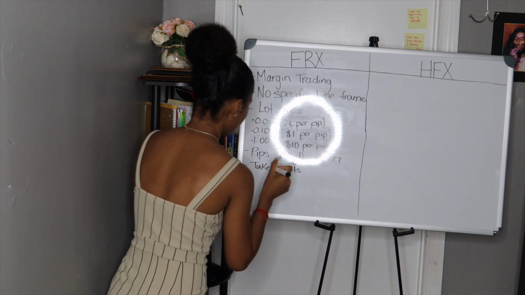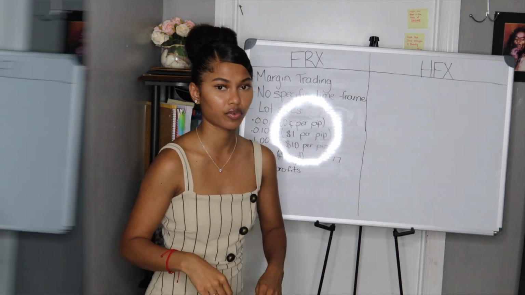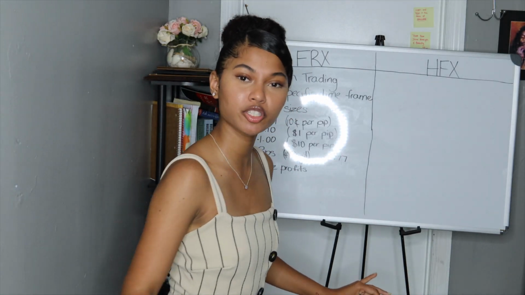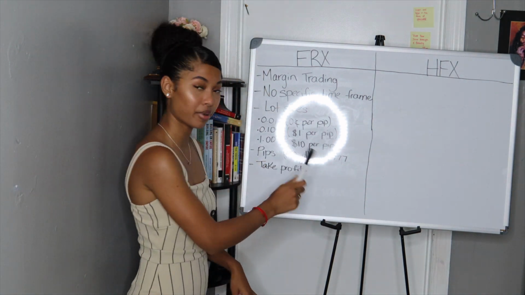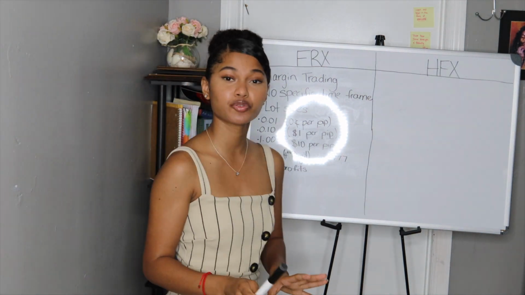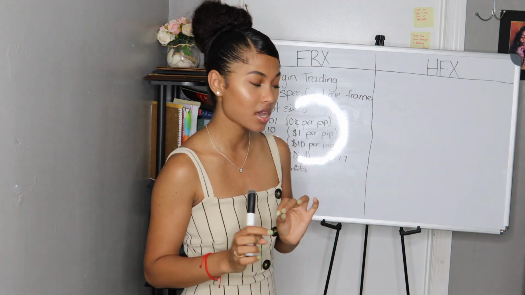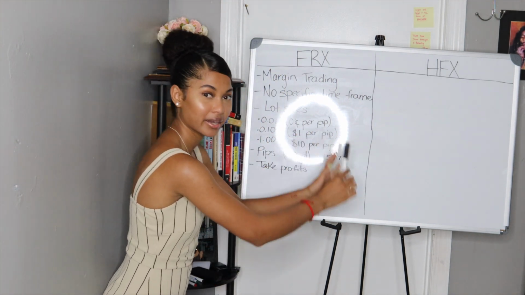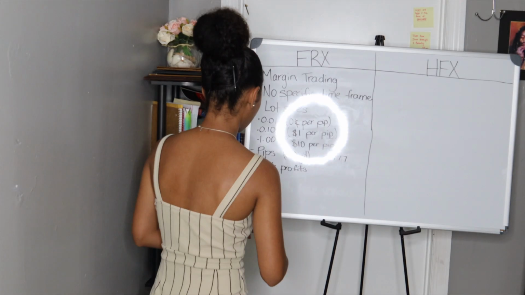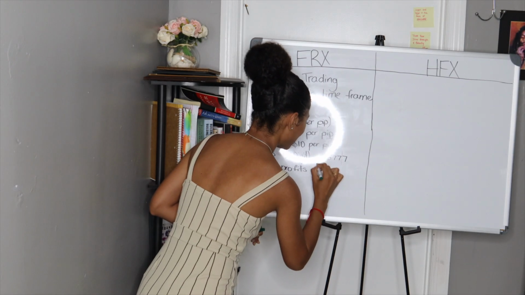Take profits. You don't really have to stress yourself over this. Oh, rude. My camera just stopped. But like I was saying, it has take profits. It's pretty self-explanatory: take profit, you make money. You just put a dollar sign there because you make money.